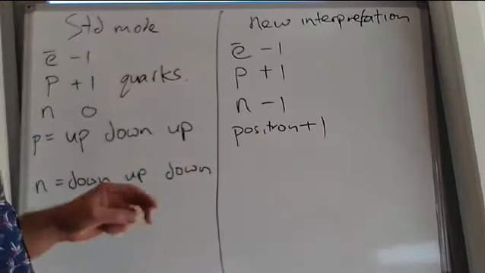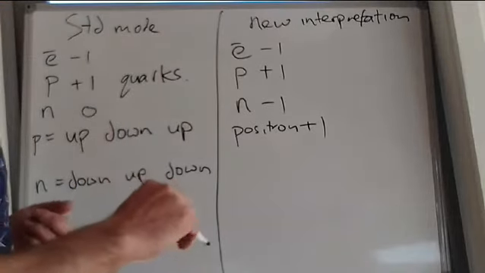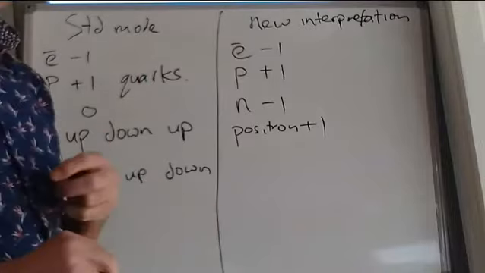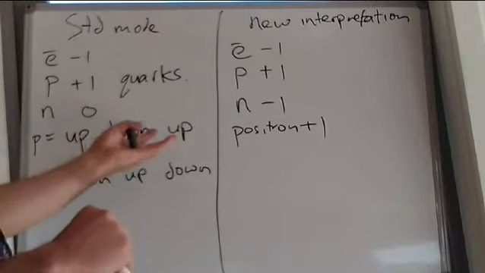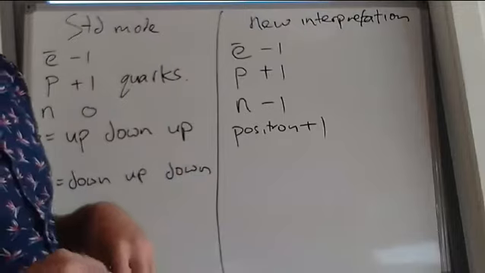Now, in my new interpretation, in my new model, I still have up, down, up as the proton, down, up, down as the neutron.